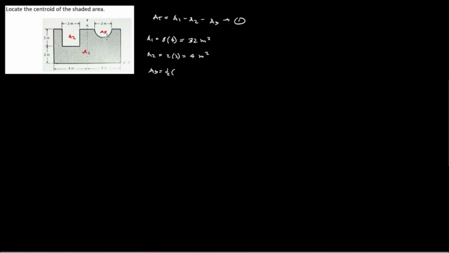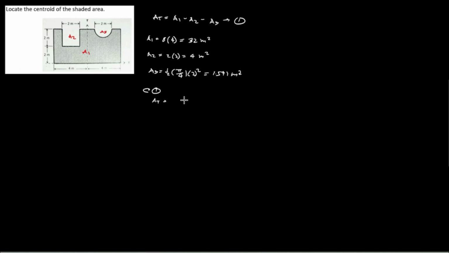In terms of diameter, that's pi over 4 d squared, and the diameter is 2 meters. So area 3 is pi times 2 times 2, 4 over 4 cancels out, leaving pi over 2, or 1.571 square meters.